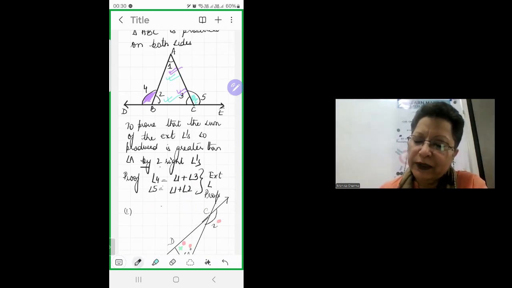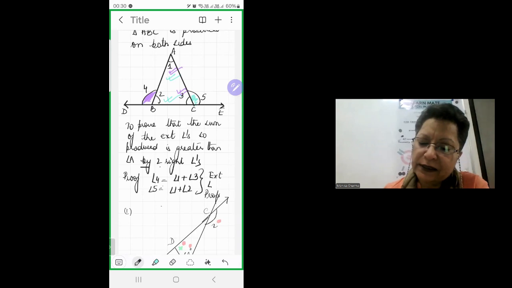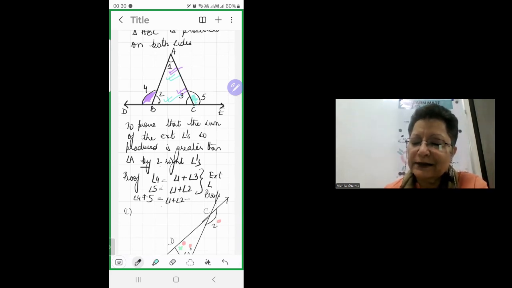Now, if I move ahead with that, I needed to prove that the sum of the exterior angles so formed, so 4 plus 5, is equal to angle 1 plus 2 plus 3 plus 1.